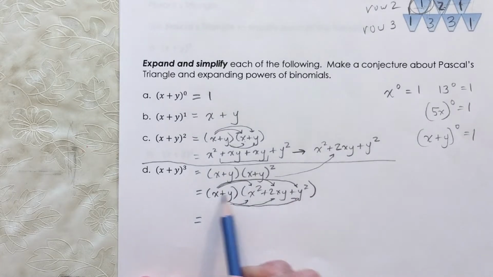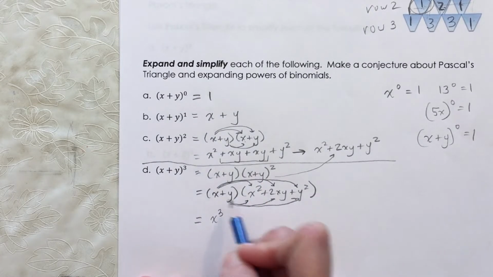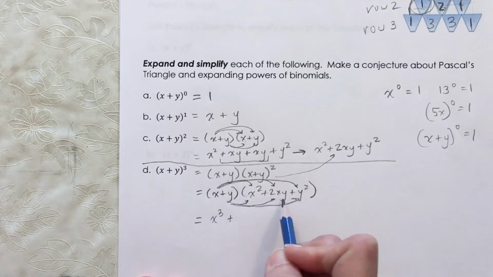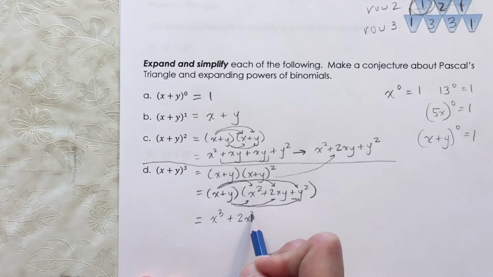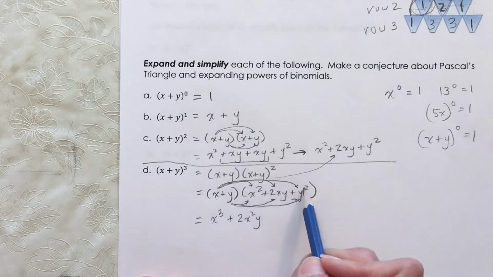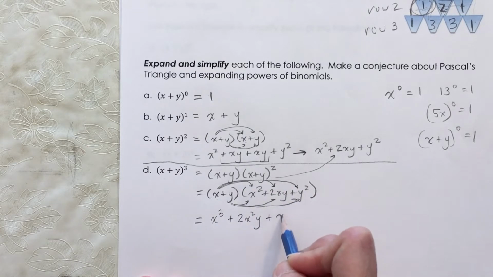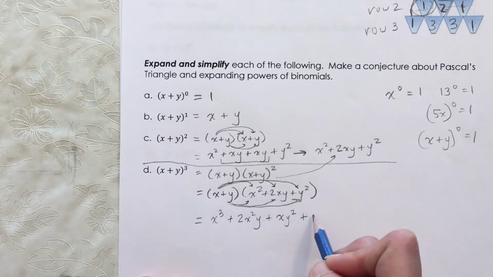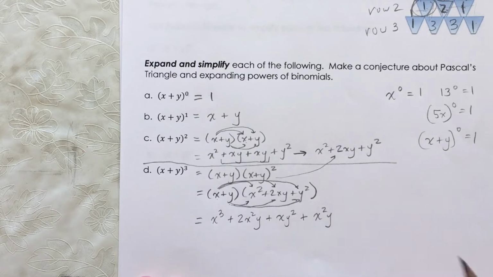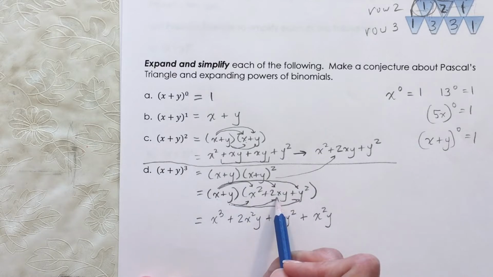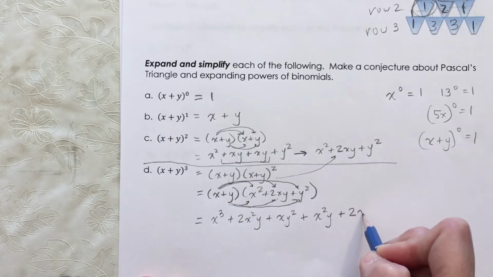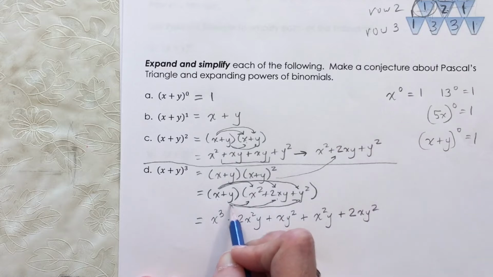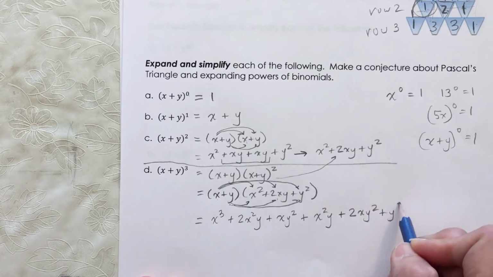So that's going to give me x times x squared is x cubed, plus x times 2xy is 2x squared y. x times y squared is xy squared. Now I'm going to multiply the y. y times x squared is yx squared, or I can write it as x squared y alphabetically. y times 2xy is 2xy squared, and y times y squared is y cubed.